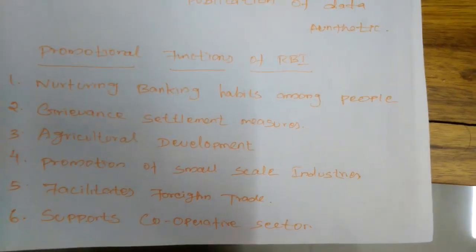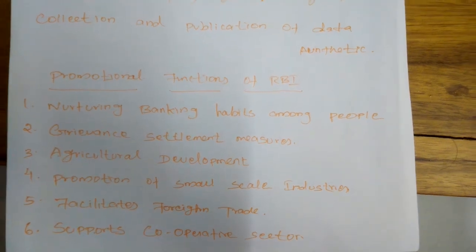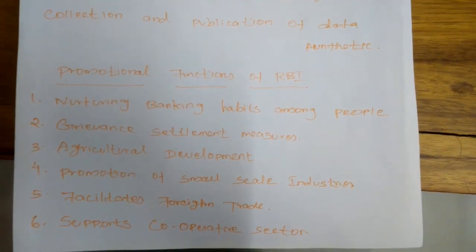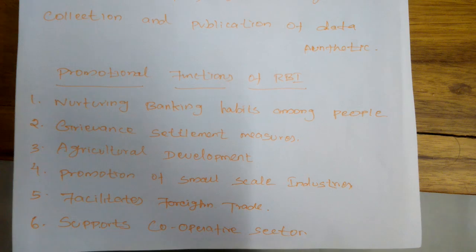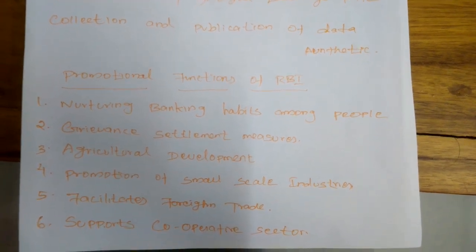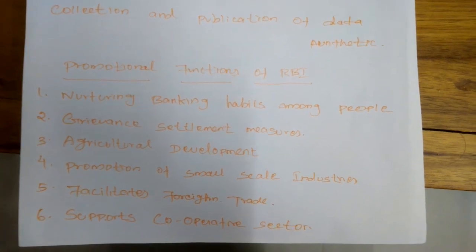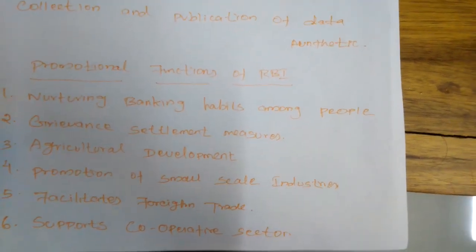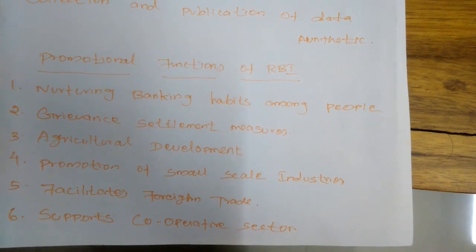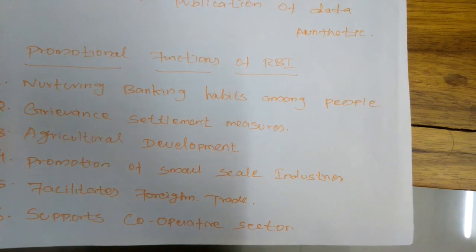If you consider cottage industries and small scale industries, all types of raw materials come from the primary sectors. The wastage of the primary sector is also used in the cottage and small scale industries. So the RBI also focuses on the development of small scale industries.